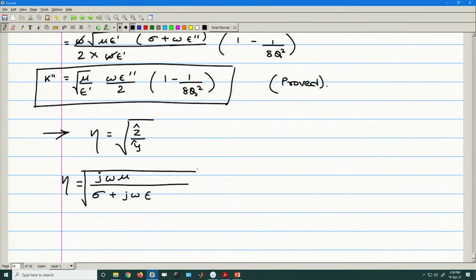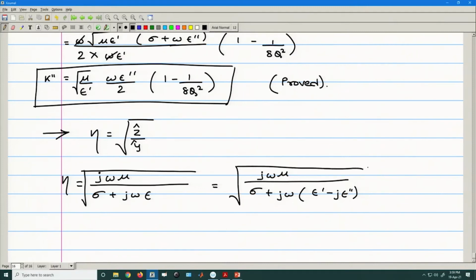This we can write as j omega mu upon sigma plus j omega times epsilon prime minus j epsilon double prime. In place of epsilon we are writing epsilon prime minus j epsilon double prime.